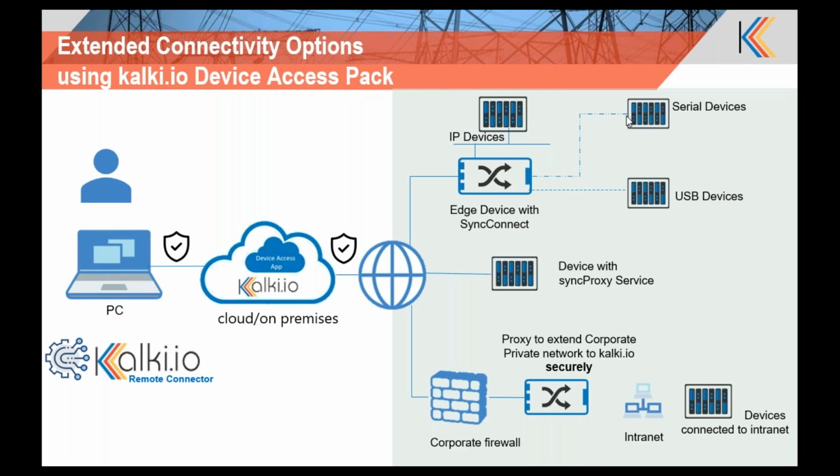Whether it is a serial device, an IP device or a USB device, the tool will understand that the device is locally accessible on the engineering PC. That is mainly facilitated by the remote connector application installed on the engineering PC.